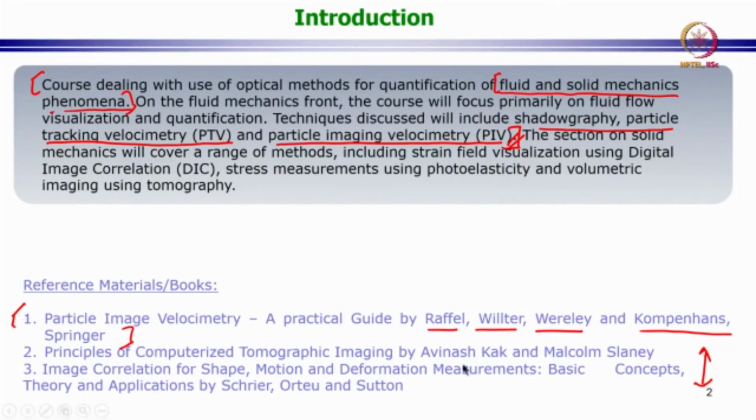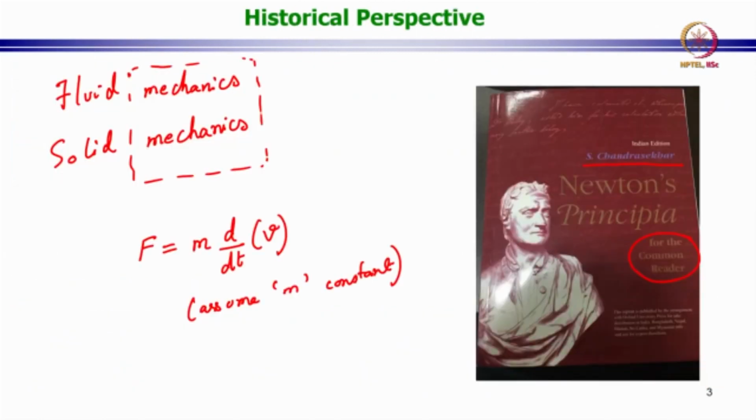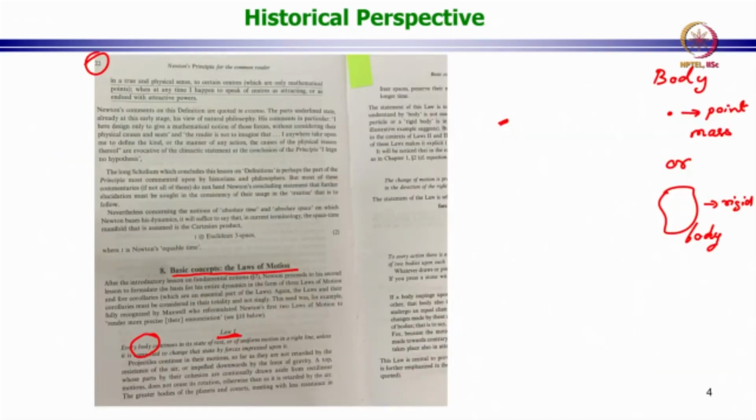We looked at the recommended texts for this particular material, and I already told you that I will be using multiple textbooks here, and as I go along I will try to give you references for those texts as well. Then we took a little bit of the historical perspective, obviously starting from mechanics itself, the birth of mechanics with the three laws, and we started reading up on the first law itself.